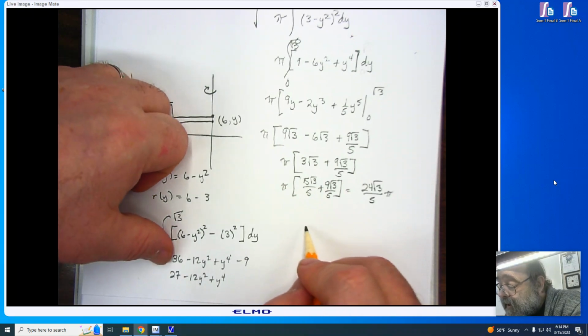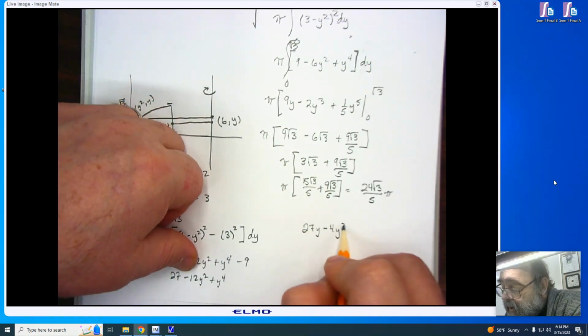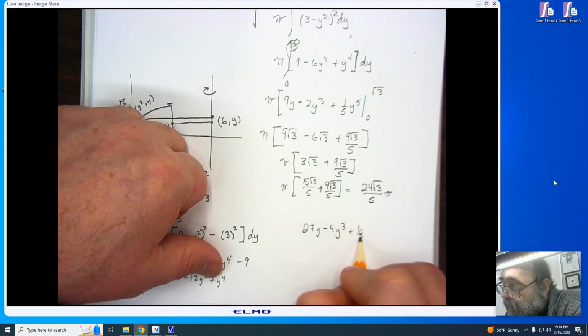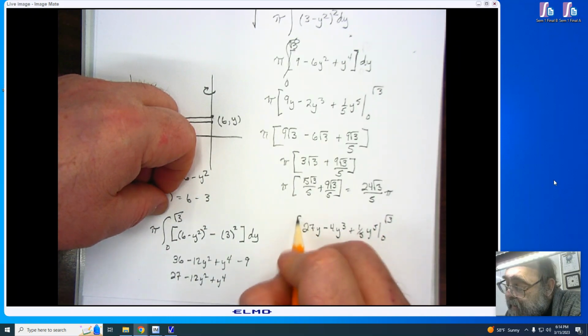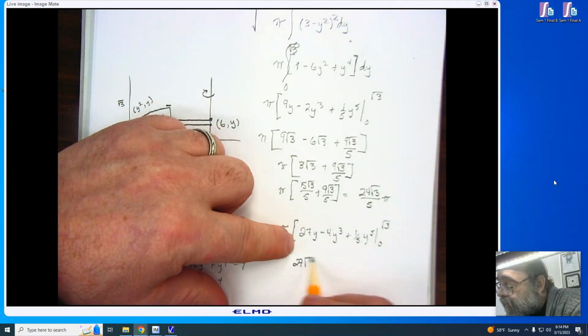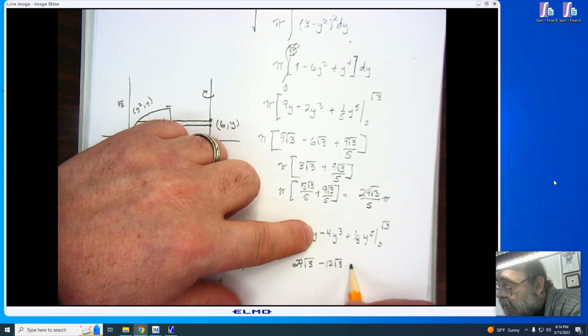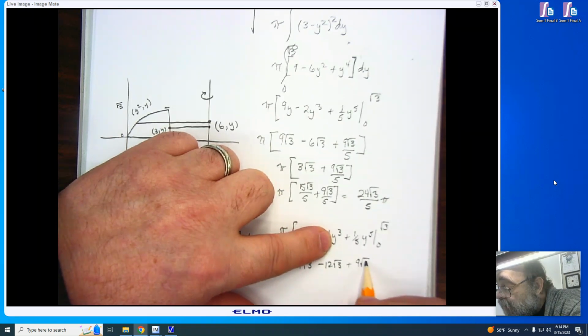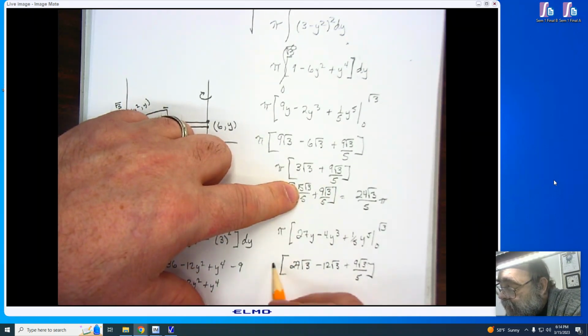And integrating this gives me 27y minus 4y cubed plus 1/5 y to the fifth from 0 to root 3. Then multiply by pi. 27 root 3, we have minus 12 root 3 plus 9 root 3 fifths, multiplied by pi.